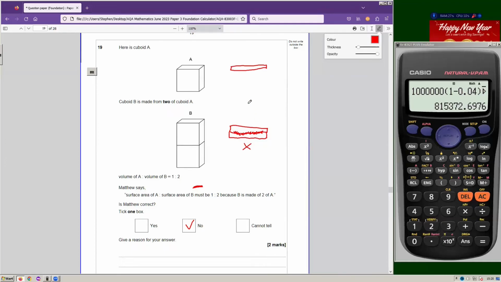And if you had one like this with a small area where they join, that is small.